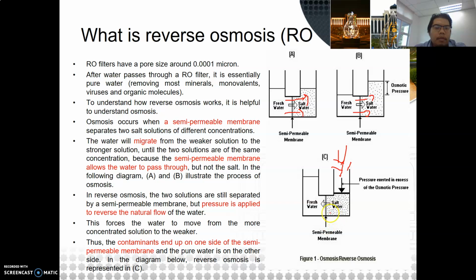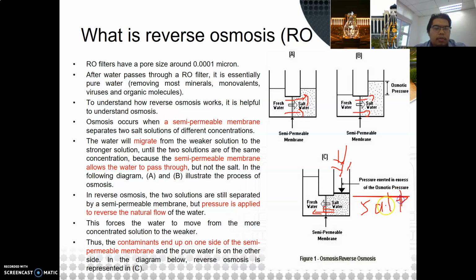However, here the water from the salt concentration, the salt water here, will move to here. So the water molecules will be here, leaving only salt.